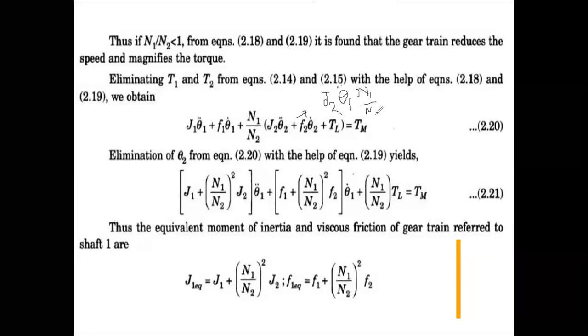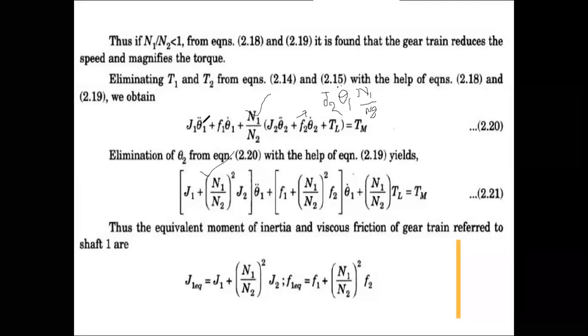Now, when you multiply this term with n1 by n2, you get n1 by n2 whole square into J2 into theta 1 double dot. When you take theta 1 common, you get this equation.